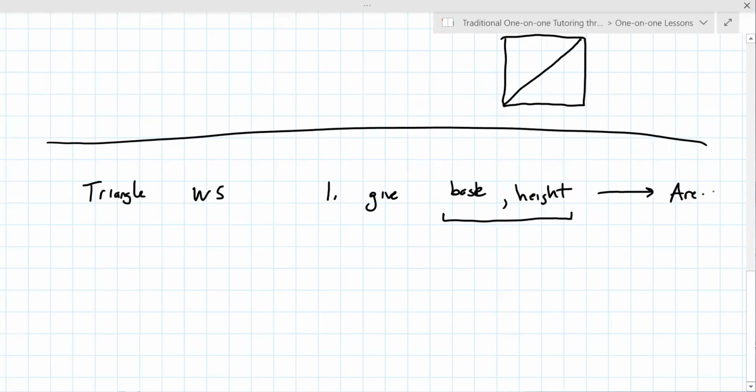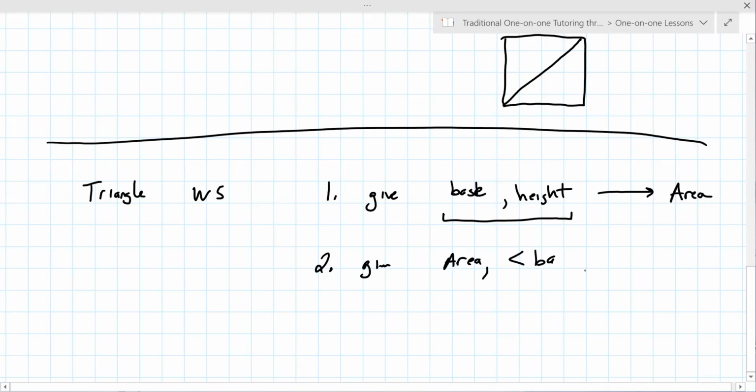The area. Yeah. Right? Those were the problems I just gave you. Do you agree with that? I give you the base and the height and you find the area. Now it could also be that I give you the area and either the base or the height, and then you have to find the other.